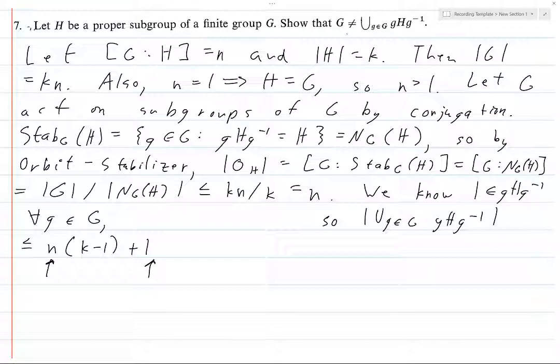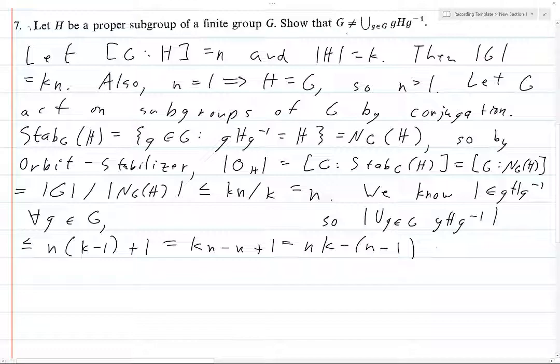So this k minus 1 accounts for the other possible elements of each conjugate, and that's where these numbers are coming from. And so this is less than or equal to this. You just do some math here: nk minus (n minus 1).